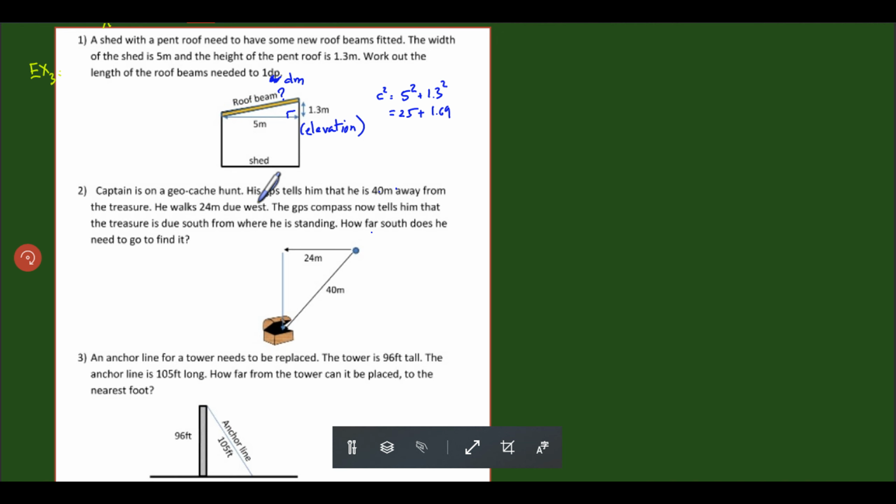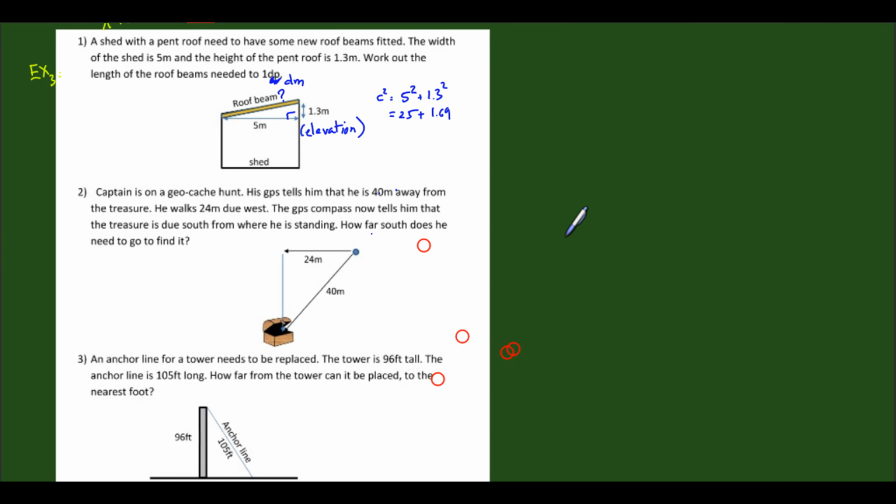Something's not right yet, so hold on. Okay, so it gives you 26.69, and you take the square root, which gives you 5.66 meters.